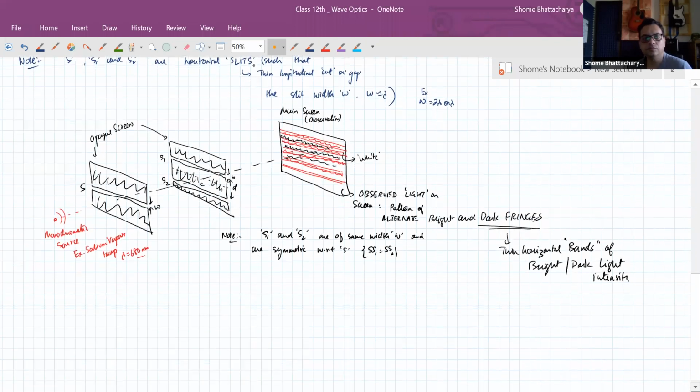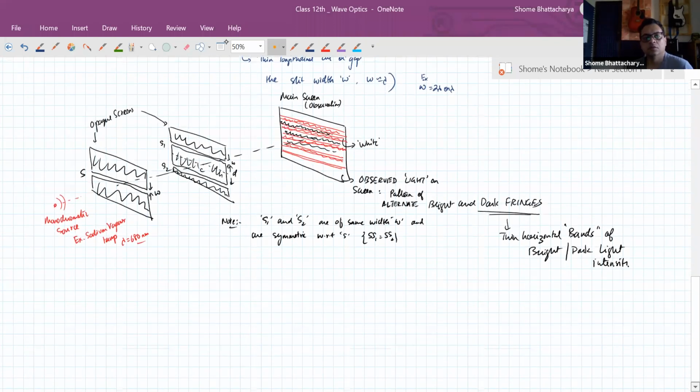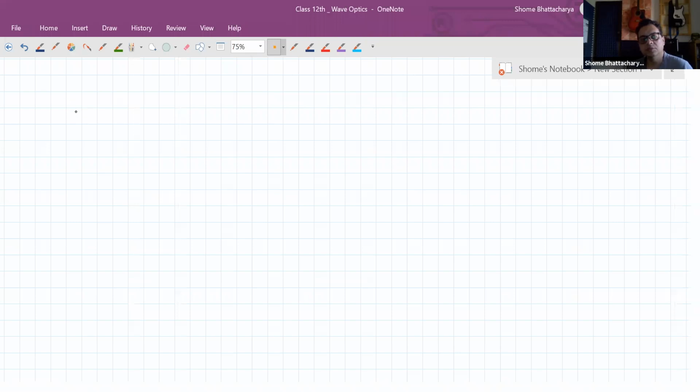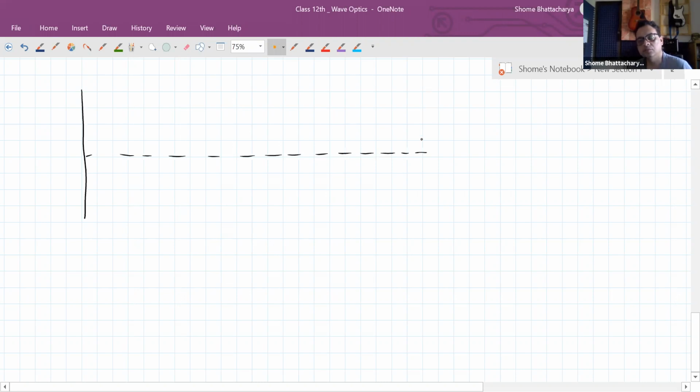Okay. So once again, coming back to the side view of the main observation screen versus the two slits.